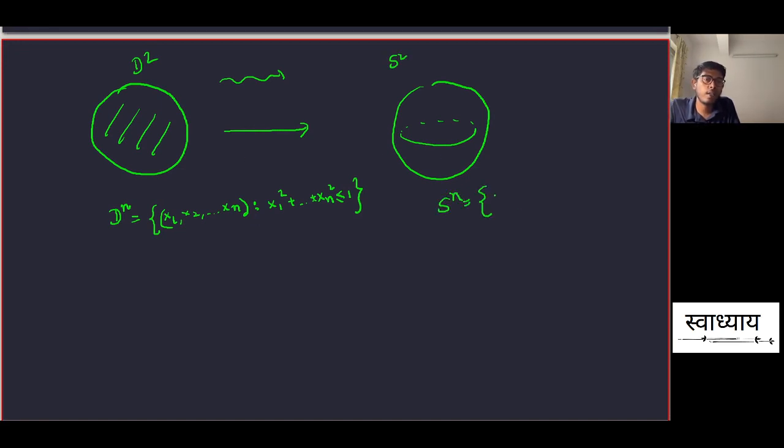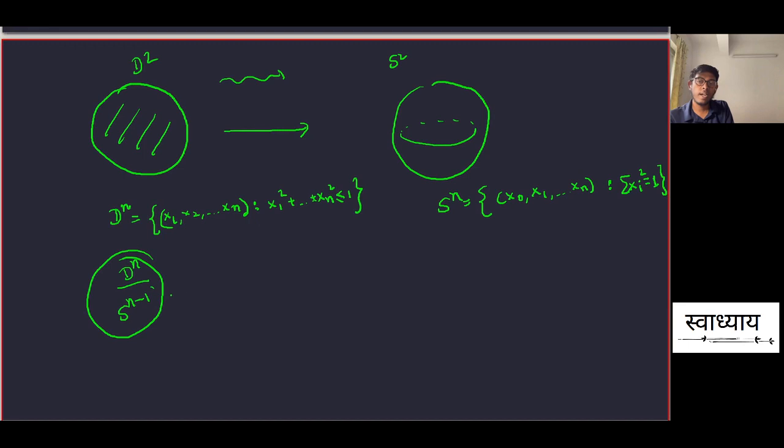And how is it defined? So this is defined as (x0, x1, ..., xn) such that the sum of xi square is equal to 1. So we need to give a homeomorphism from Dn mod S^(n-1). What do I mean by that?